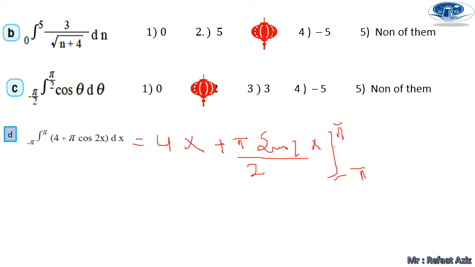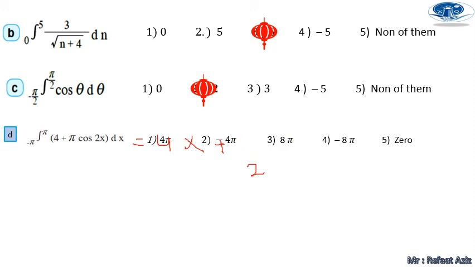Then we make substitution. It will be 4 pi plus pi sine 2 pi and so on. Then it will be one of these answers. Okay, the answer will be 8 pi.